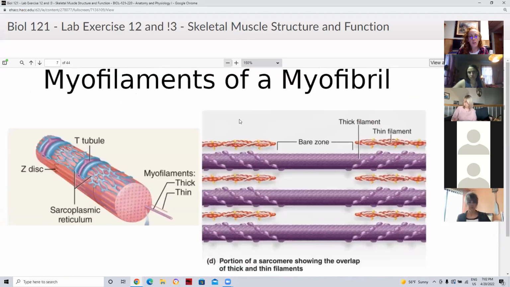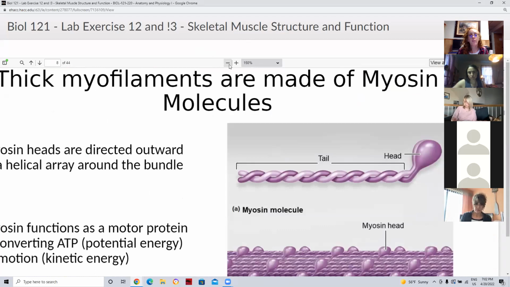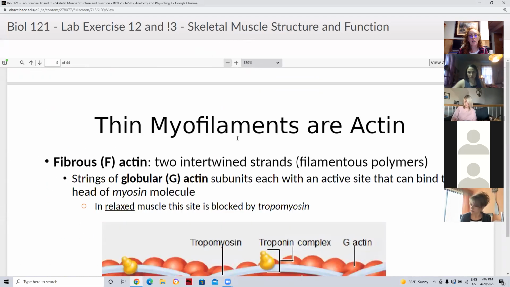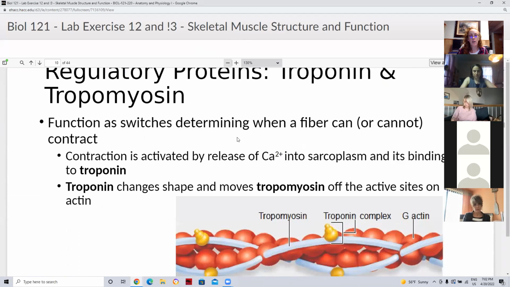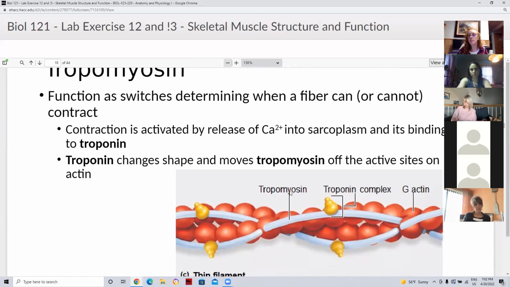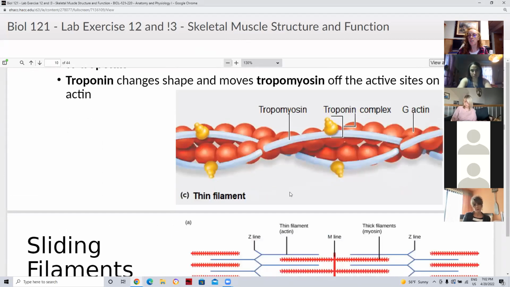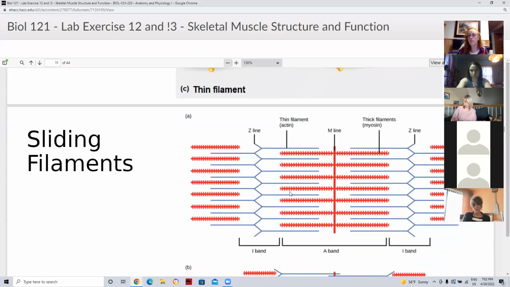So moving forward a little bit here. The tropomyosin and the troponin are working like switches when they bind to the calcium.